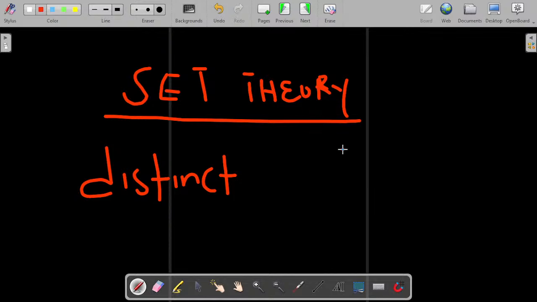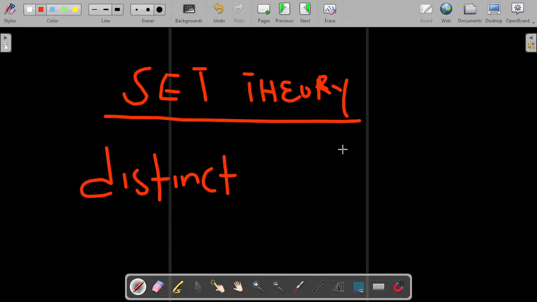So when I say a set is a collection of distinct objects, it means those objects are just ones. You don't have to repeat them.